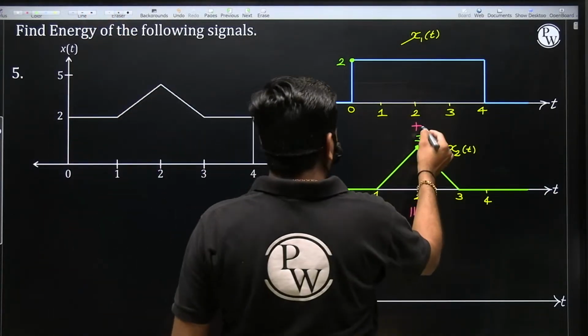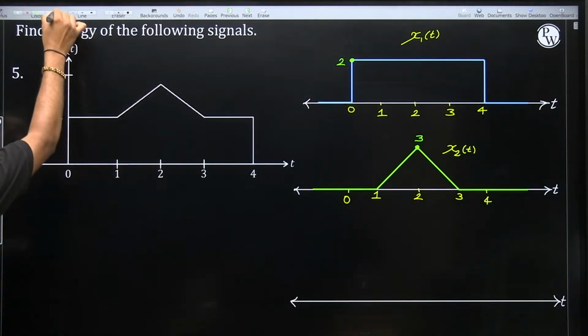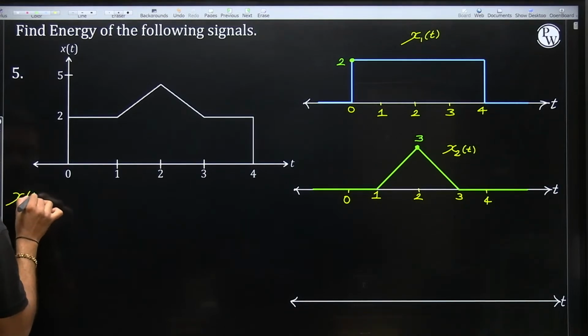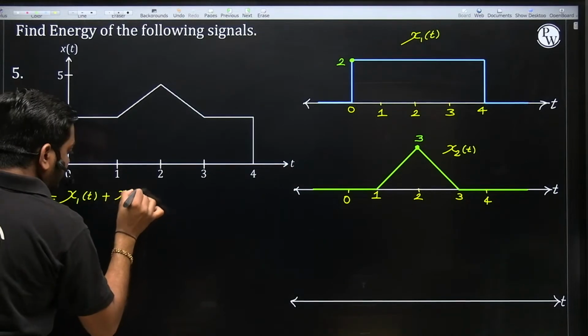Now tell me, multiplication will be 0 or non-zero? Here we can write x of t is the sum of x1 of t plus x2 of t.